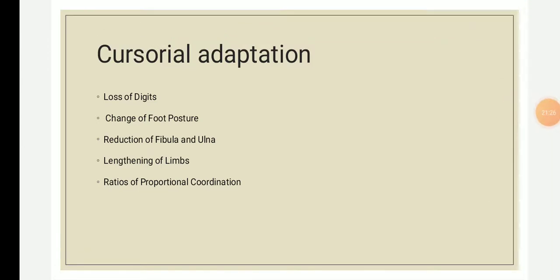Then the next point is the change of foot posture, that is, a primitive terrestrial foot is plantigrade. In some it is unguligrade to digitigrade. Hence the lengthening of the limbs occurs by rising upon the toes. And this change of foot posture gives rise to the plantigrade, that is, grade means to walk.